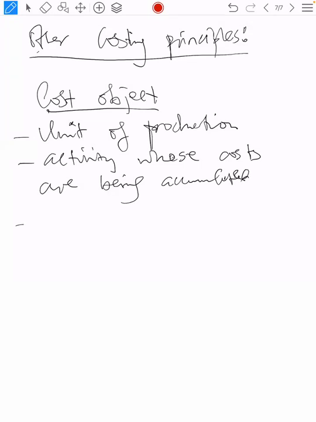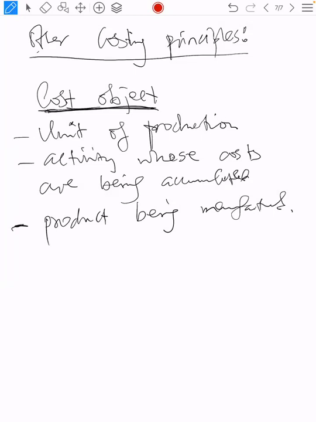Right. In other words, I'm just using big words there. A cost object is a product being manufactured. That's a cost object. E.g., for a bakery, it could be a loaf of bread.